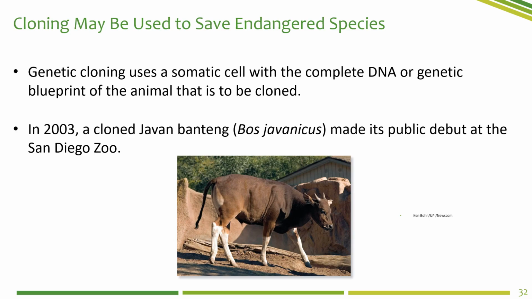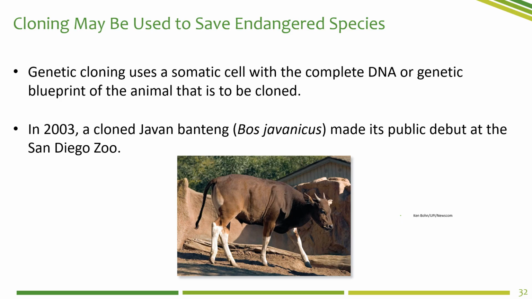Sometimes we need drastic measures to reintroduce or even just to keep a species going. And so sometimes we have to resort to genetic cloning. This is basically where you take the genetic material of one animal and put it into an egg of a surrogate animal, something that is similar in shape, size, and type, so that that animal can birth the clone.